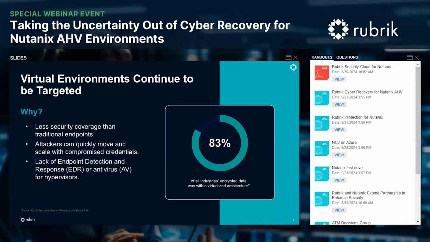Unlike endpoints, virtual environments typically lack endpoint detection and response and antivirus software specifically designed for hypervisors. This, combined with the complexity of implementing security measures in these environments, makes it easier for threat actors to deploy malware on hypervisors. The result is security dead spots, providing attackers with unfettered access to critical systems.